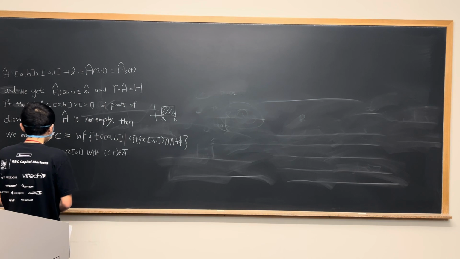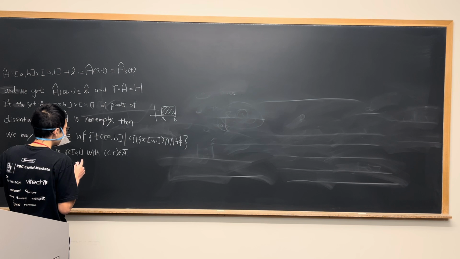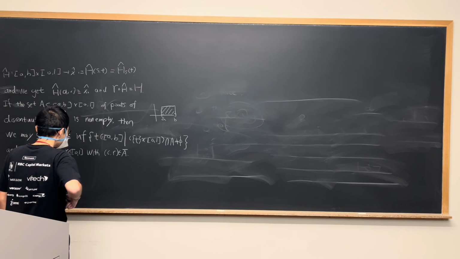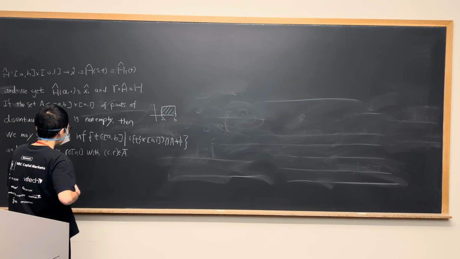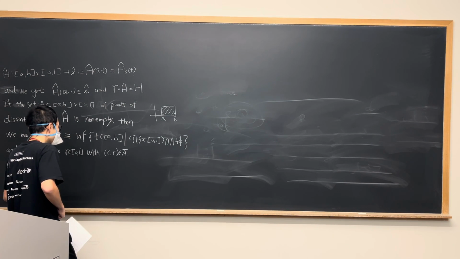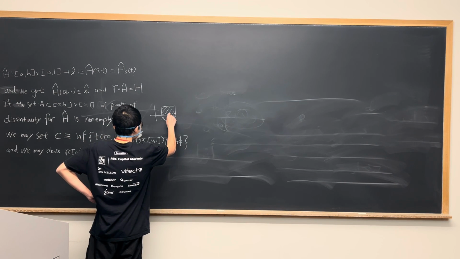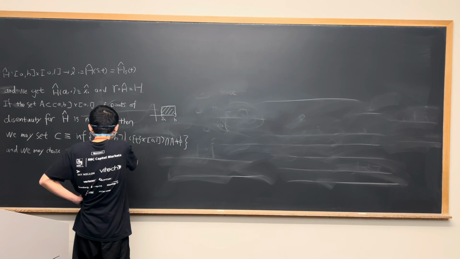So we set C to be the infimum of the set of all t in [a,b] such that t cross [0,1] intersect A is not empty.